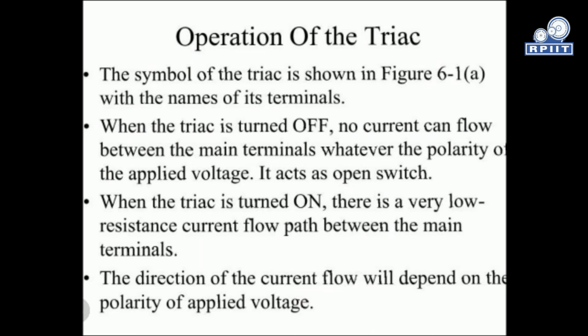When the triac is turned off, it behaves like an open switch, so no current flows between the terminals MT2 and MT1, whatever the polarity. When the triac is turned on, there is a very low resistance and current flows between the two main terminals, MT2 and MT1, as in the thyristor turn-on characteristic. The direction of current flow depends upon the polarity of the applied voltage.